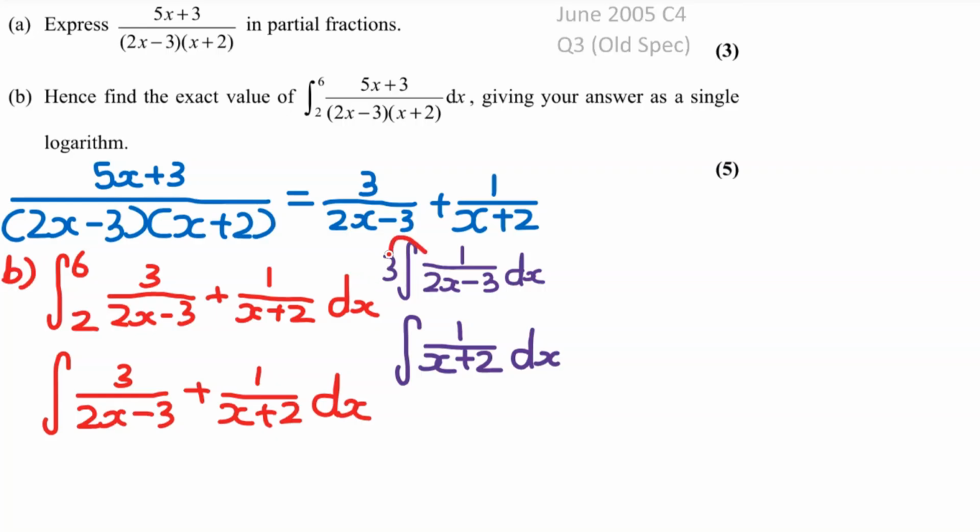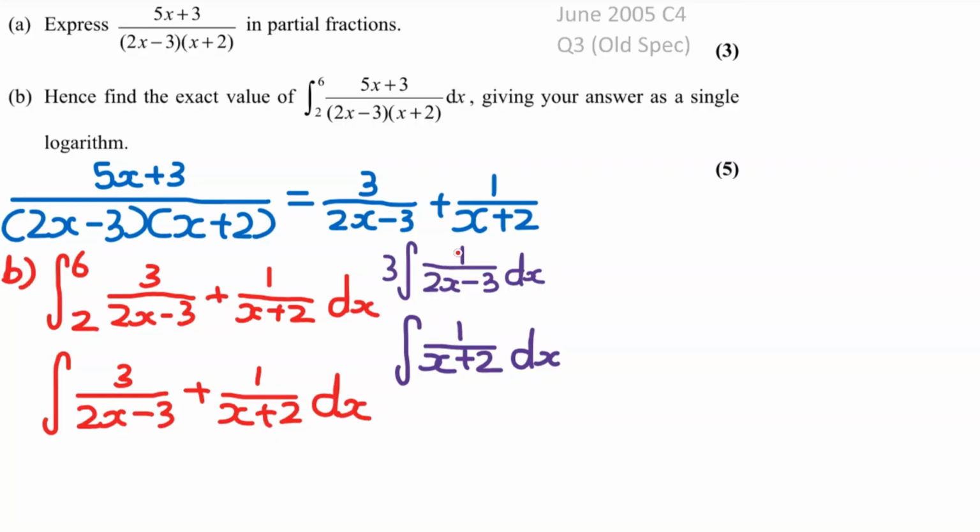let's first start with this 3 over 2x minus 3, and I've moved the 3 out of the integral like this here, so it's 3 and then the integral of this 1 over 2x minus 3. Now we talked about how to integrate functions like this in the integrating f(ax+b) video, the second video in year 2 integration, so go back to that if you need a reminder.